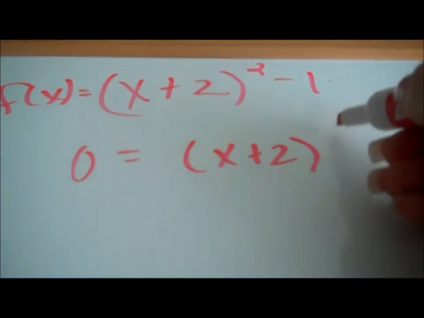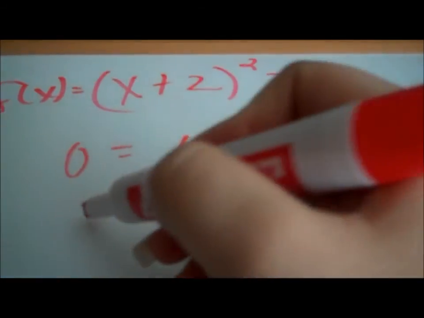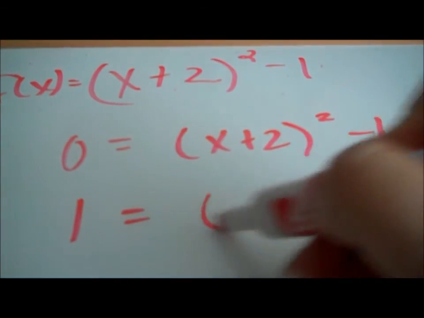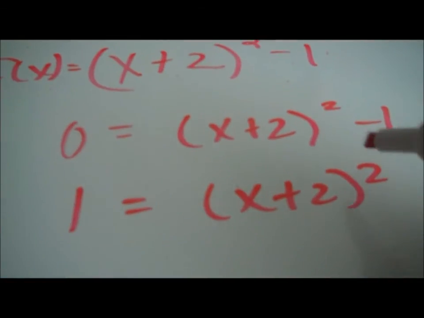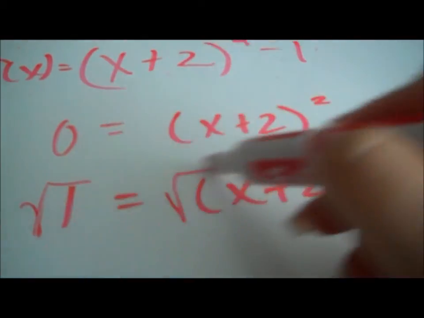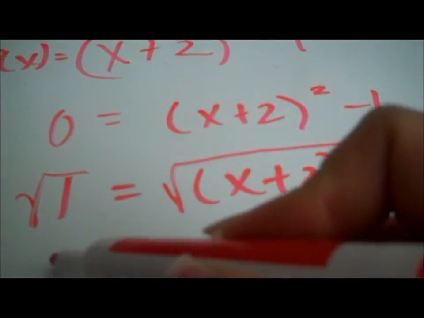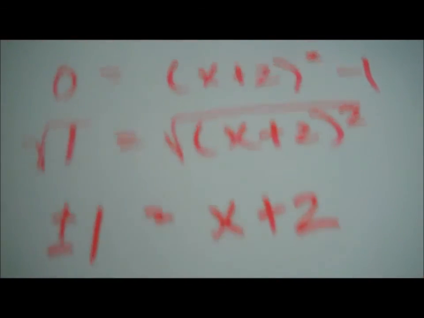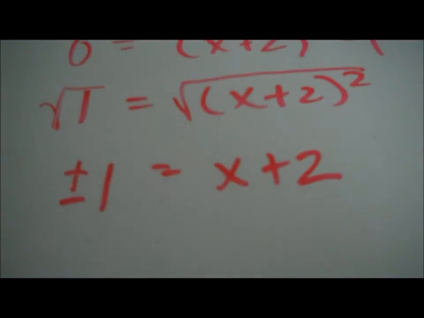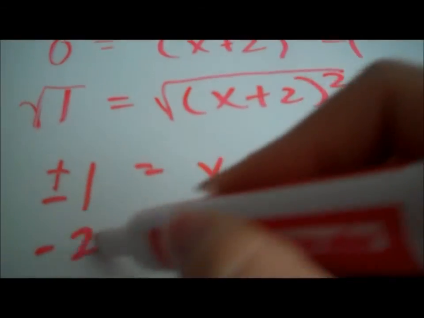X plus 2, quantity squared minus 1. Add 1 to both sides. X plus 2 squared, we would take the square root of both sides to get rid of that square there. So we would get a positive and a negative 1 equals x plus 2. Okay, to get x by itself, subtract 2 on both sides.